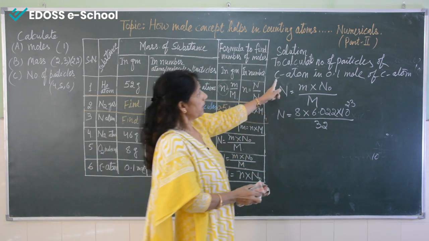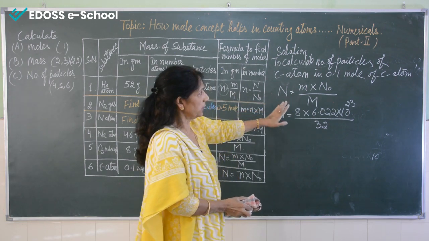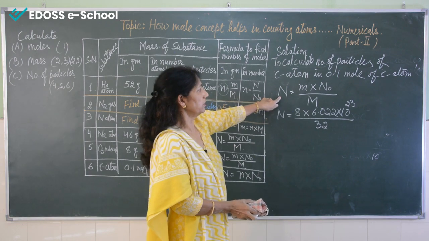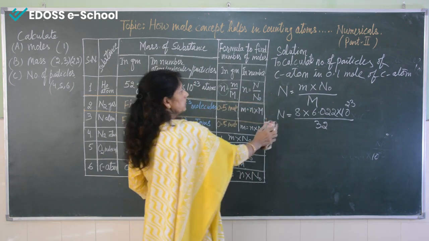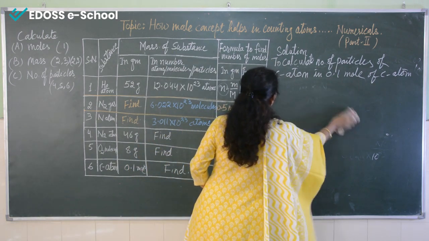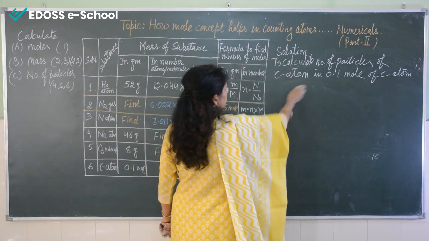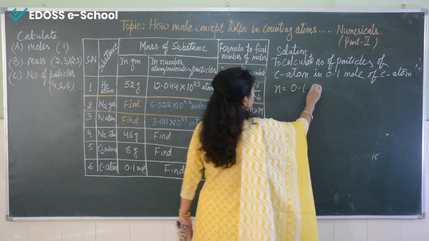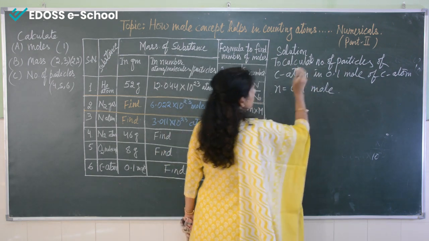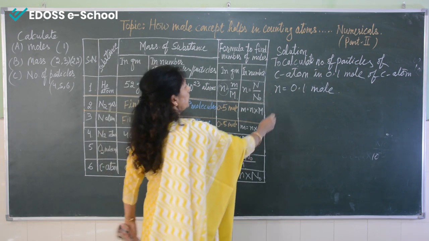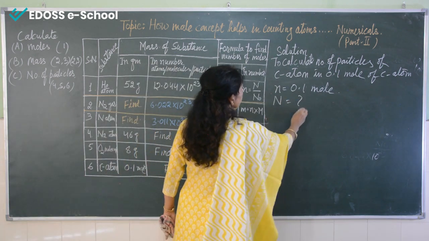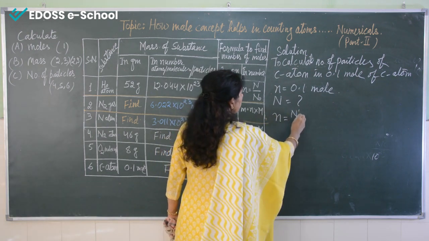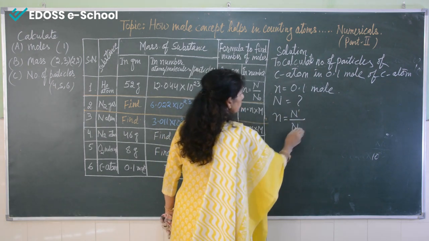So we have to find the same thing. Now see here, mole is given, mass is not given. So in this case what is given to us is the mole n, n is given 0.1 mole and we have to find N. So we will use this formula, n is equal to N upon N naught.